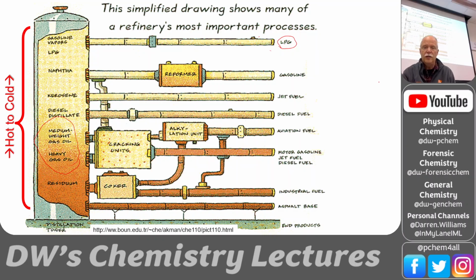Okay. And so then you have just different grades of fuel coming out of this. And then you have industrial fuel, really heavy oils. And then at the very last, you have this asphalt base. So this tar that's in the bottom of the still. You've pulled off all the volatile stuff, and you've got this really thick, viscous tar. And you take that and mix it with gravel and put it on the roads because it's waterproof.